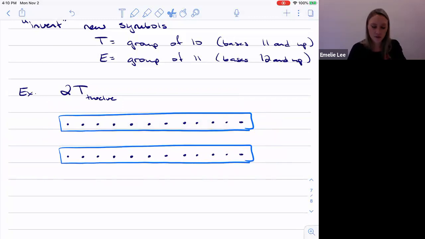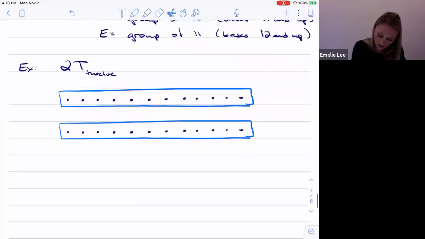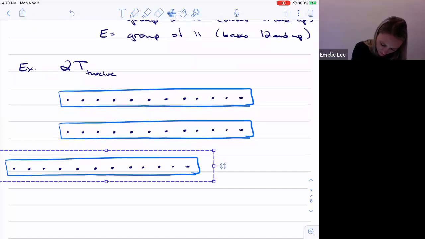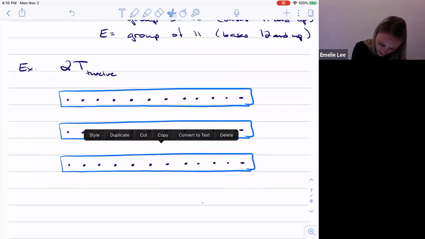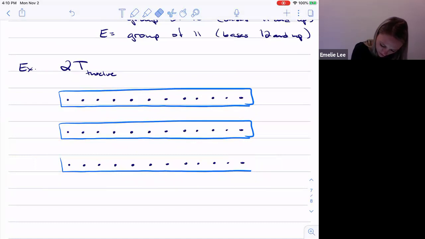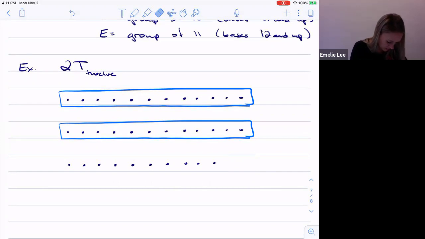So it's saying I've got 2 of these, and I have another one that's not quite a full set, but it's only 10. 1, 2, 3, 4, 5, 6, 7, 8, 9, 10. Good. So that's what it means. So like I said, we'll come back to that when we need it.